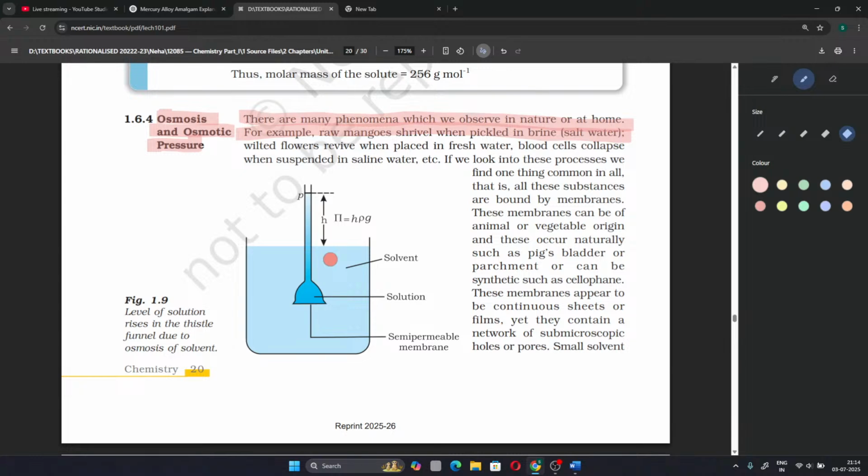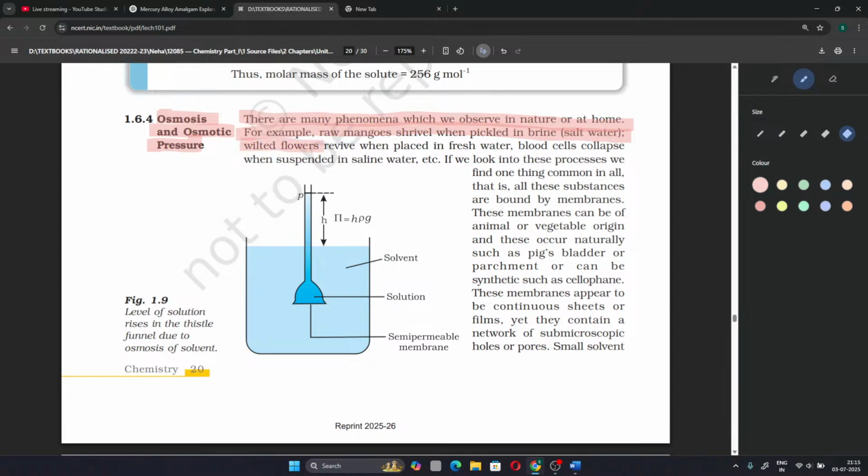For solute it is the inverse: the concentration of solute in brine is the highest, where mango has less concentration of solute but a high water concentration, solvent concentration, and brine has a low solvent concentration. Because of that, the water moves from mango to the brine solution, and it gets shriveled up, and we can say salt also diffuses into the mango.